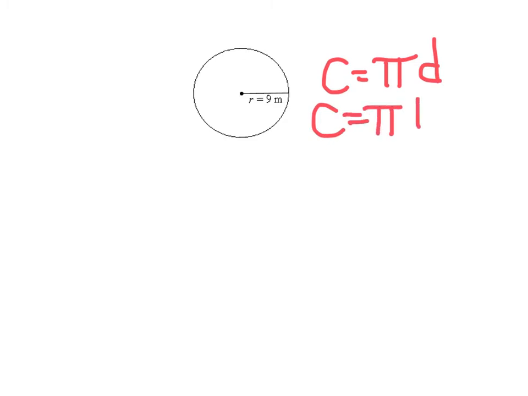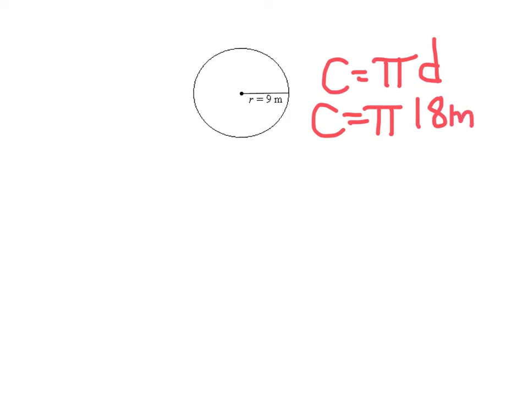All right, let's try this one. Start with your formula. C equals pi times diameter. What's the diameter of this circle? 9? No. It's 18. Radius is only halfway across. So C equals pi times 18 meters.